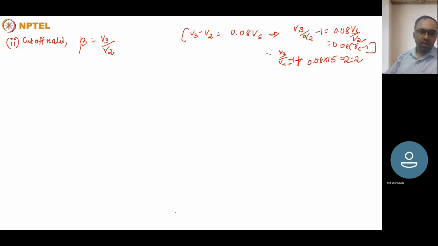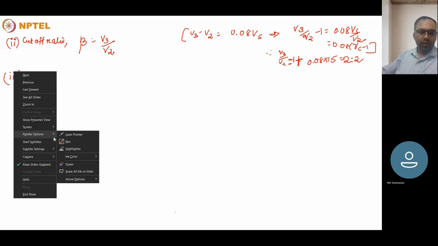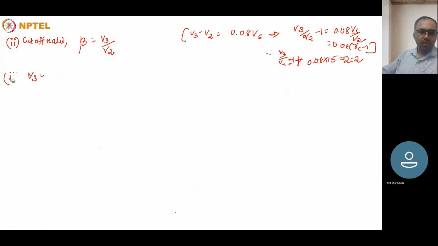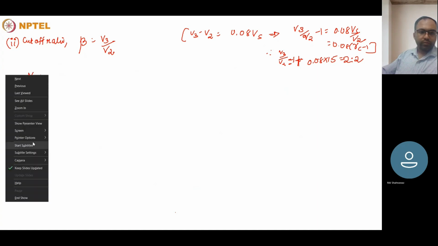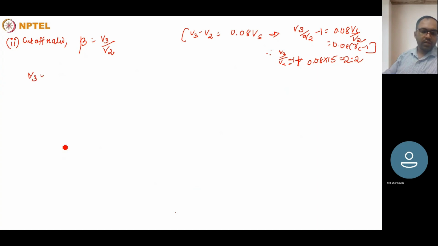So we can calculate V3 equal to beta times V2.